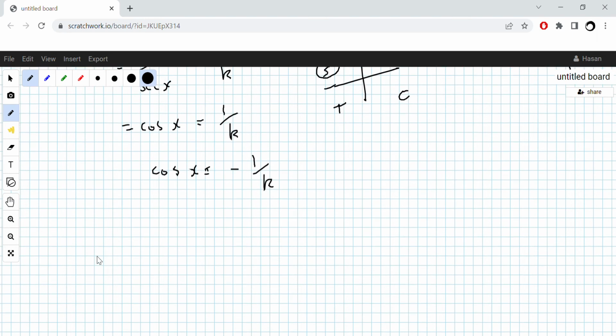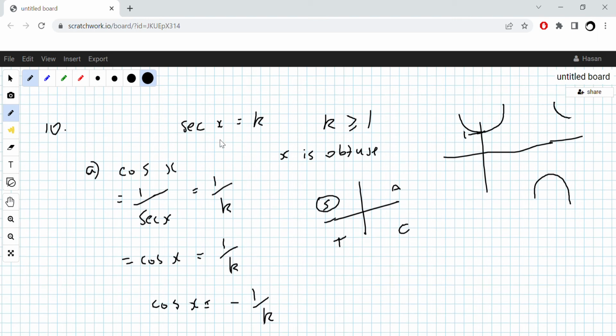For part B, they're asking us what tan squared x is. What we're going to do is use our identity of 1 plus tan squared x equals sec squared x.